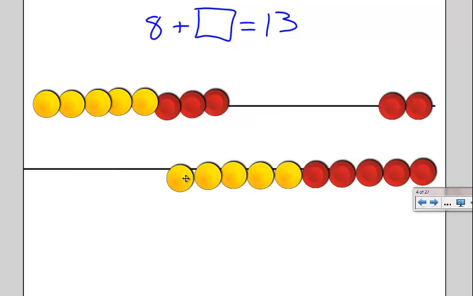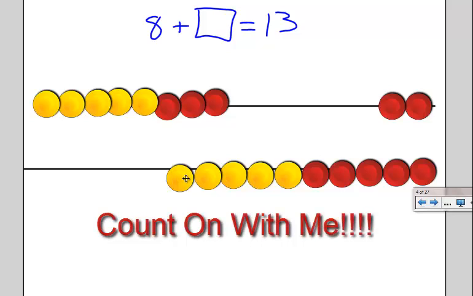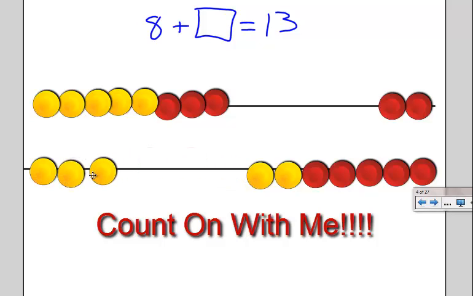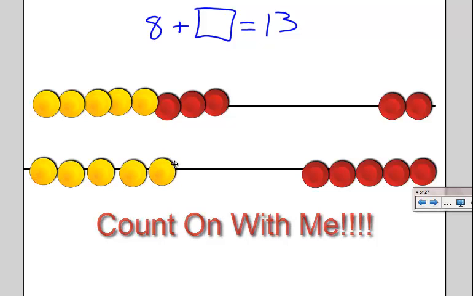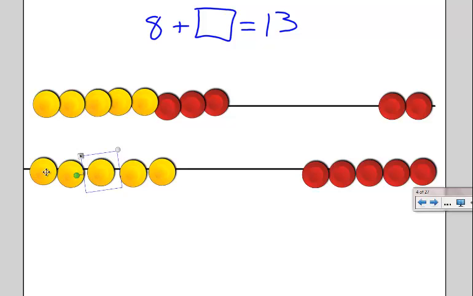So a second way I could do it is I could just move the bottom. I could start with 8 and then count on. 9, 10, 11, 12, 13. And that gets me my answer again of 5.